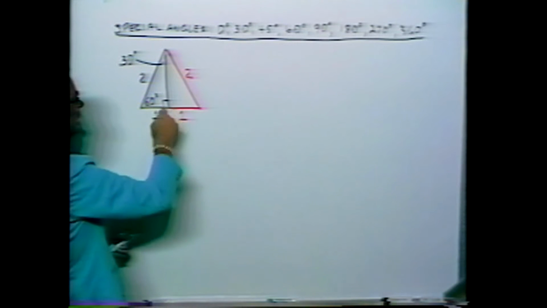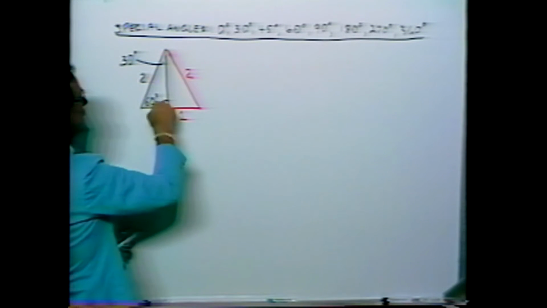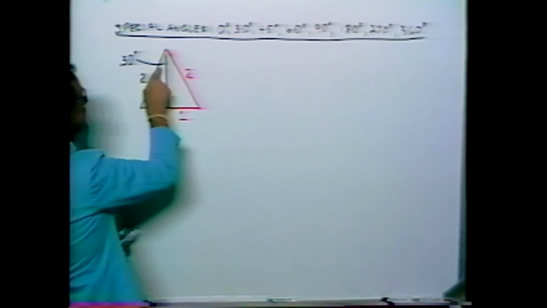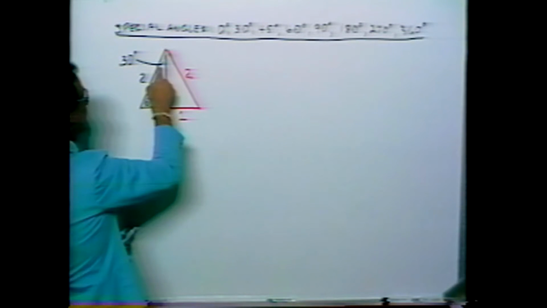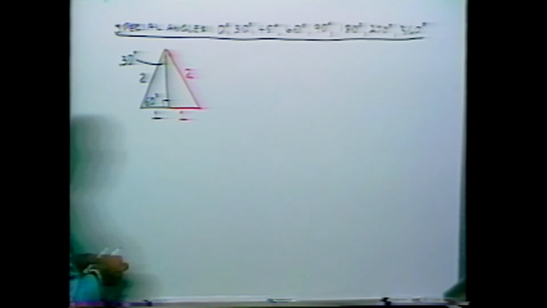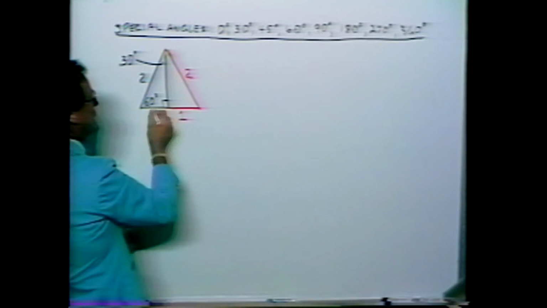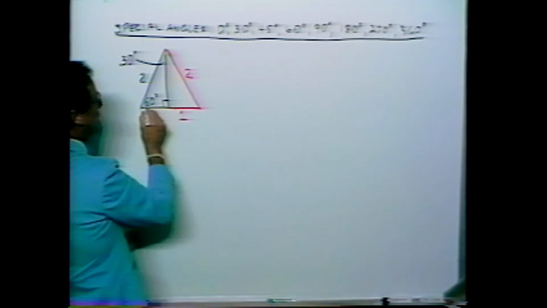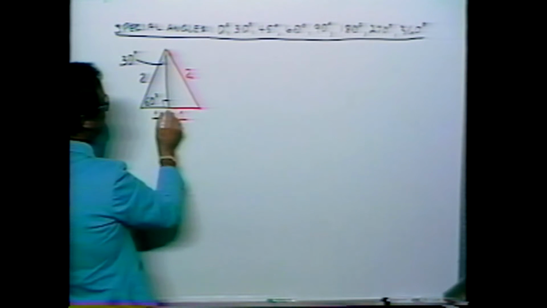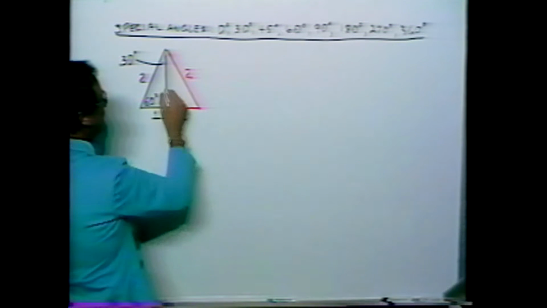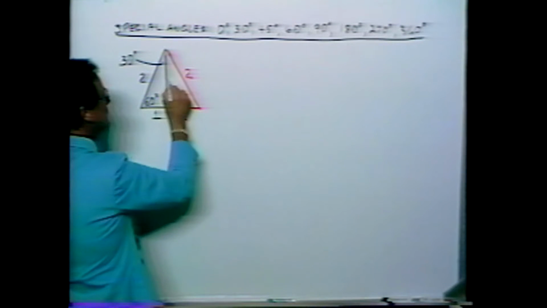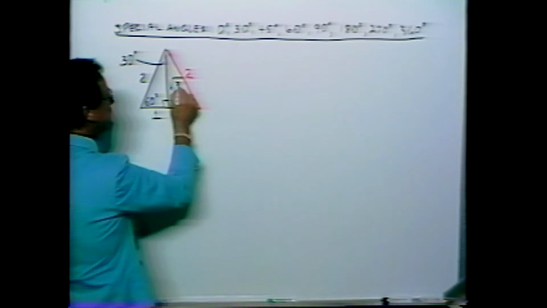This vertical line, making this a right angle triangle in black, makes this angle here equal to 30. Under those circumstances, if the right angle triangle, the black one, is looked at, using the Pythagorean theorem, the length of the vertical is the square root of 3.